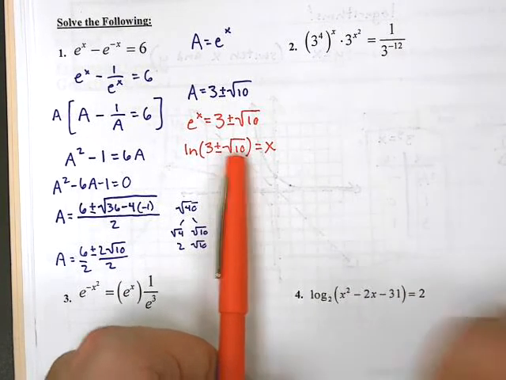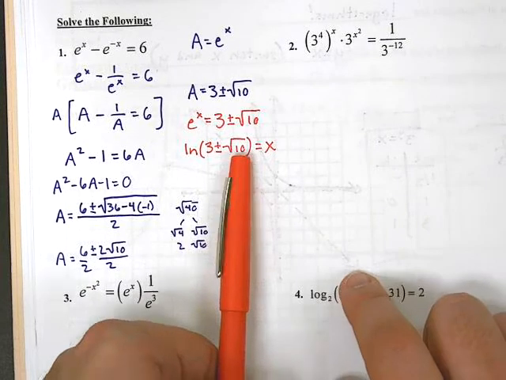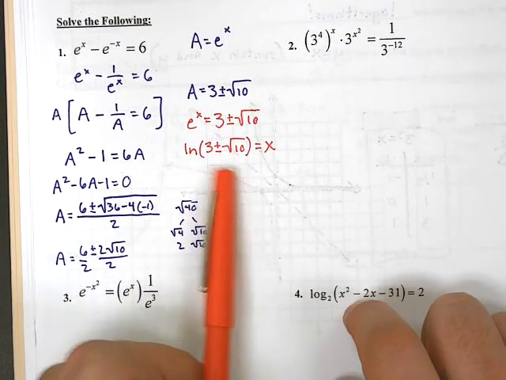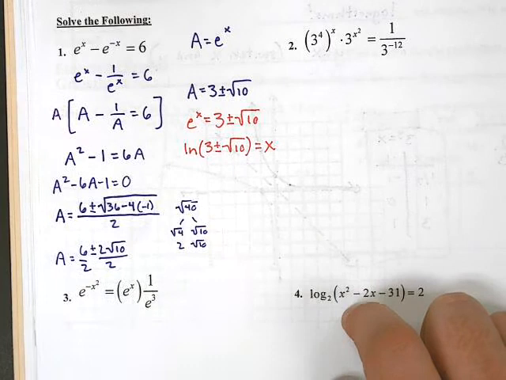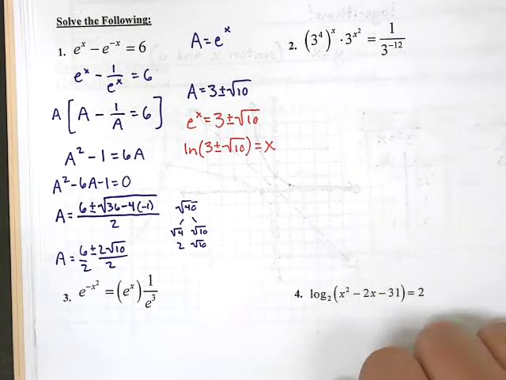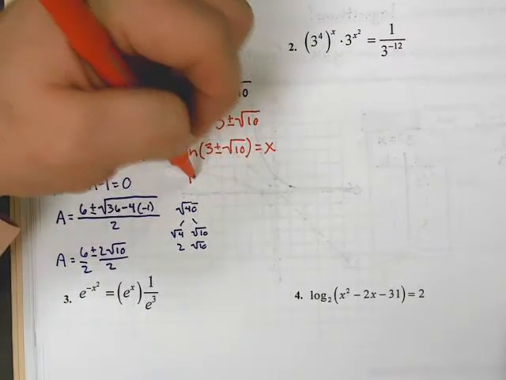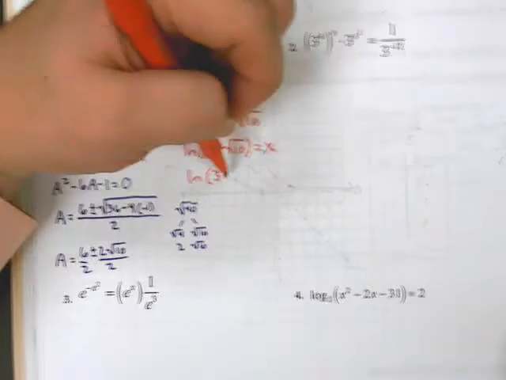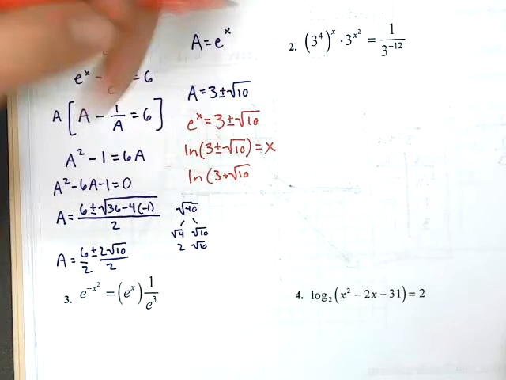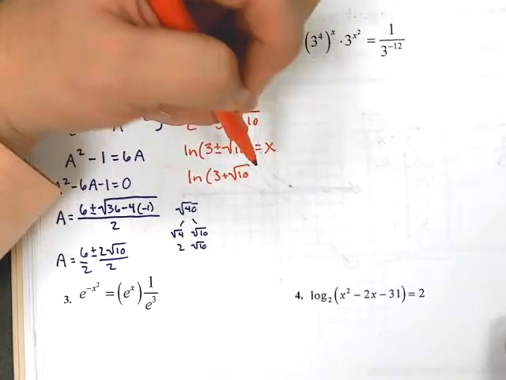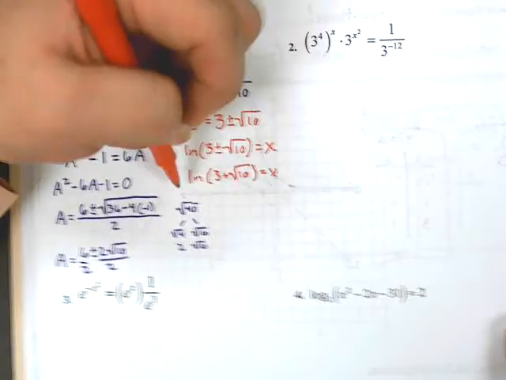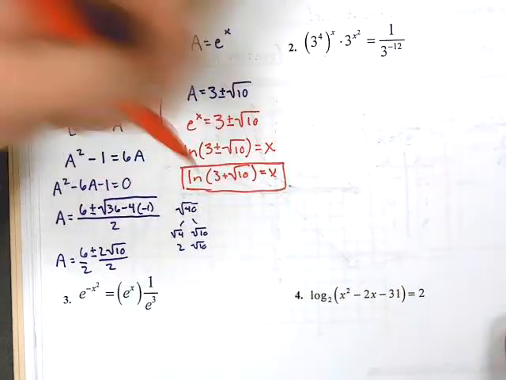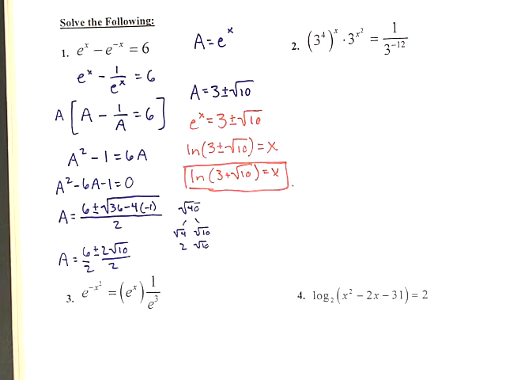So if root 10 is 3 point something, and we're taking it away from 3, that means it's going to be negative. So to finalize the answer, we recognize that the minus option is extraneous, which means my only option is ln of 3 plus root 10. Okay?